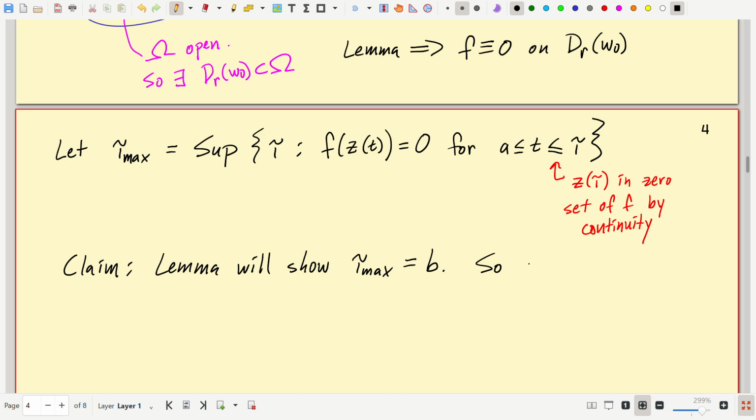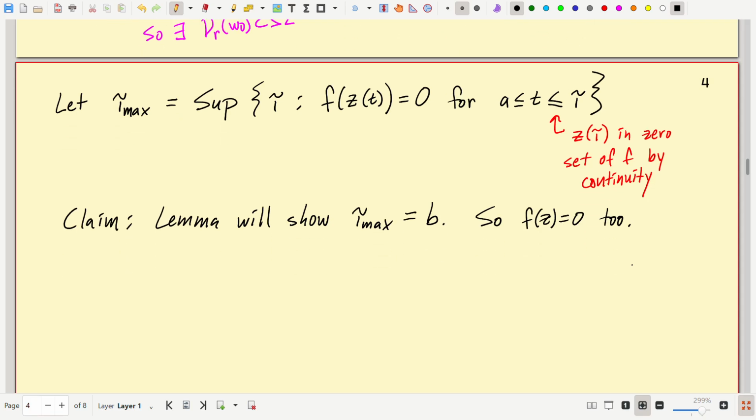So f of z equals 0, and since z was arbitrary, that means that the thing is identically 0. So we conclude that f is identically equal to 0. So having one limit point means we can do this little thing. Okay.